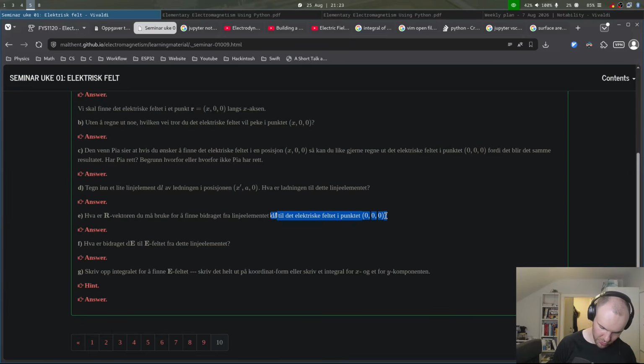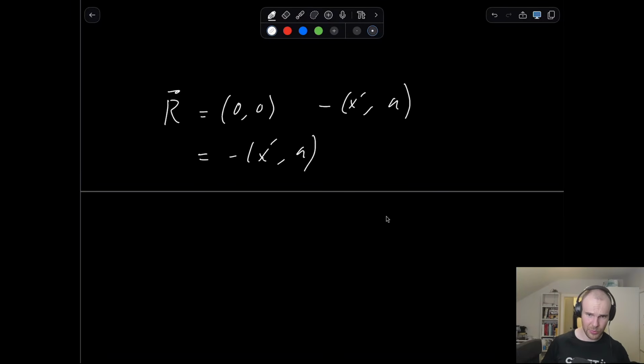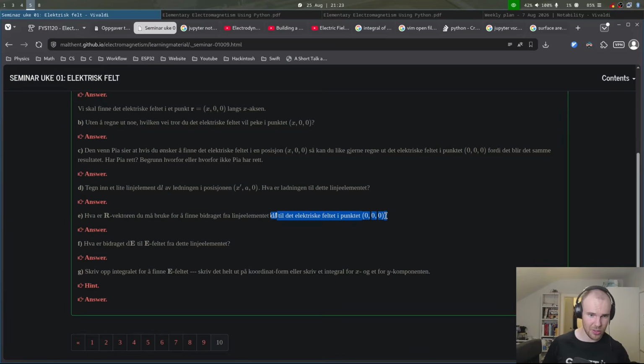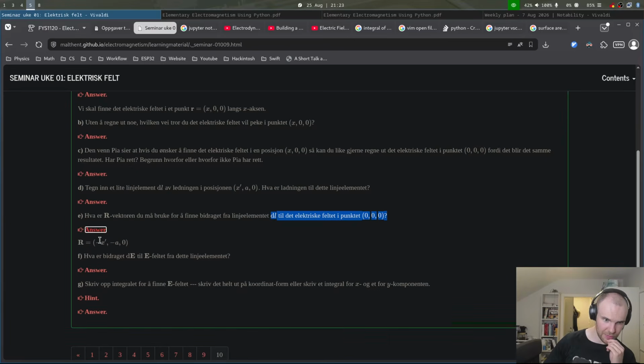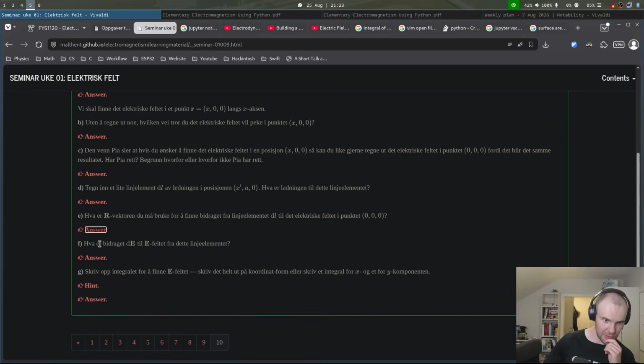I'm so used to writing in 3 dimensions, it's crazy. So that's the r: minus x prime, comma, minus a. I did that correct. Yeah, thank God.